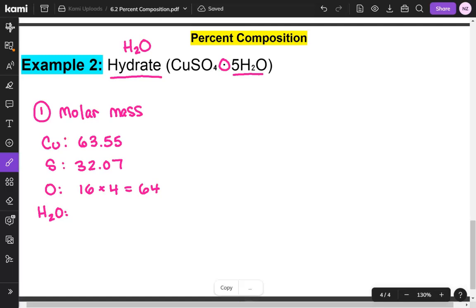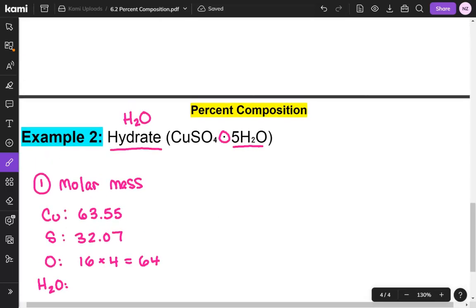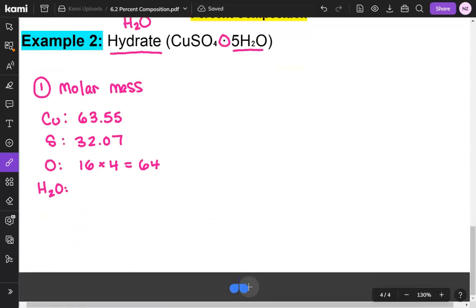And we actually found the molar mass of water before, so the molar mass of our water was 18.02. But we have 5 of them in our compound, so there are 5 waters in our compound here, so I'm going to multiply that by 5. Okay, so 5 times 18.02 is going to be 90.10.